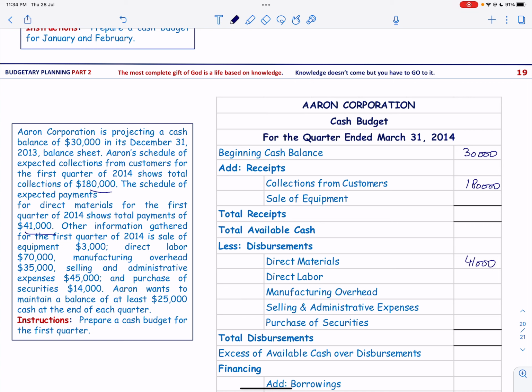Other information gathered for the first quarter is sale of equipment for 3,000. So this is a receipt of 3,000 because of sale of equipment. Direct labor is 70,000. Manufacturing overhead is 35,000. Selling and administrative are 45,000. Then purchase of securities is 14,000.